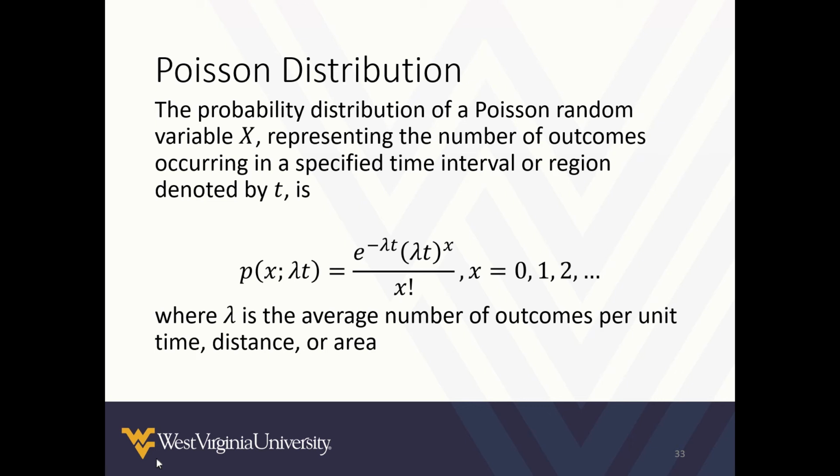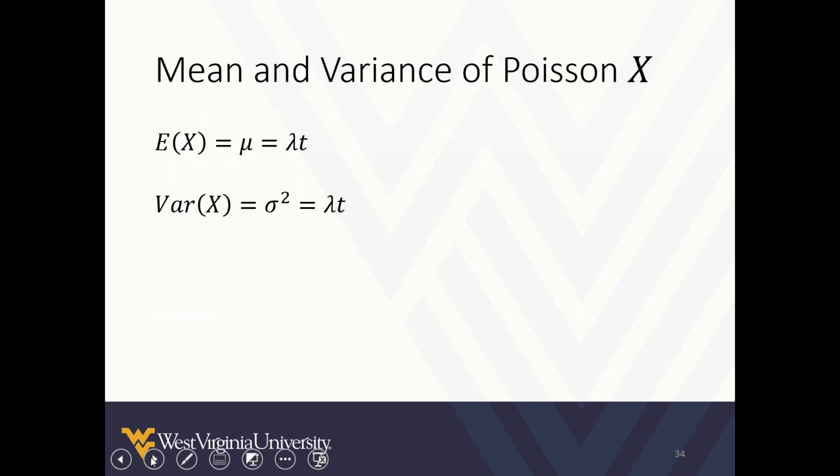Again, lambda is the average number of outcomes per unit of time, distance, or area. As I stated before, our mean when dealing with the Poisson distribution is lambda t. What is very special about the Poisson distribution is that it is also equivalent to the variance.